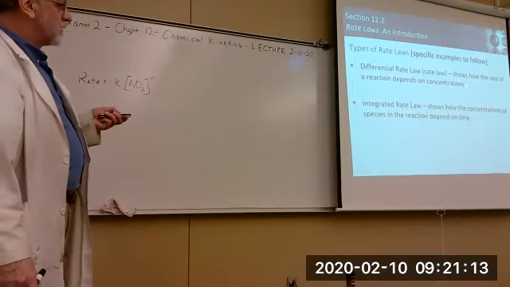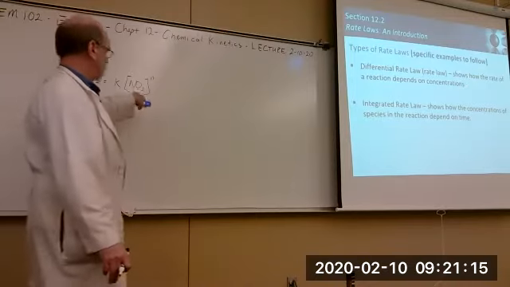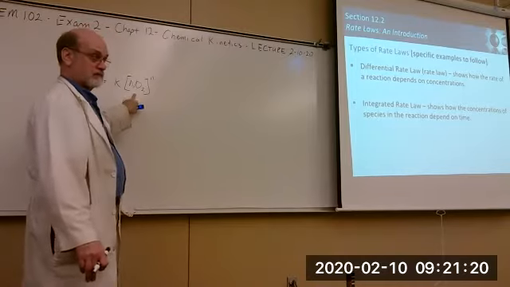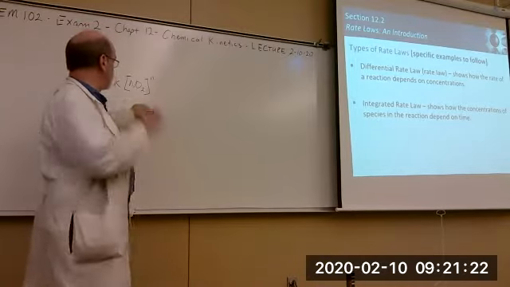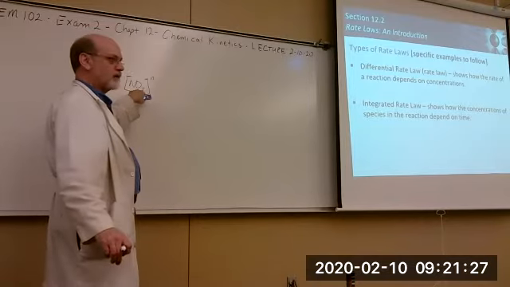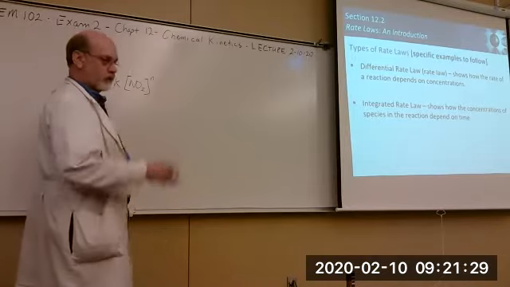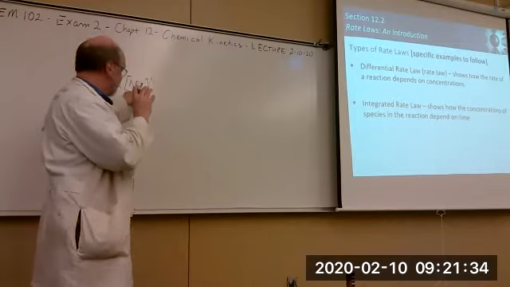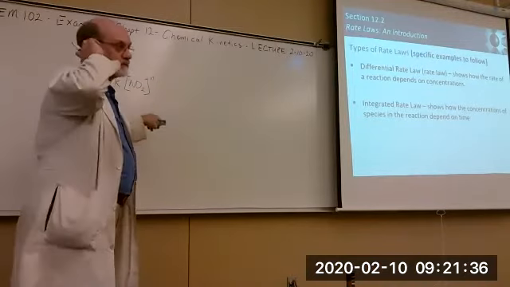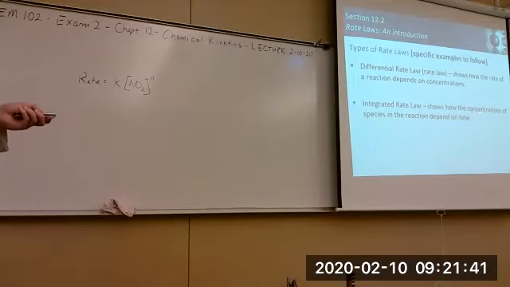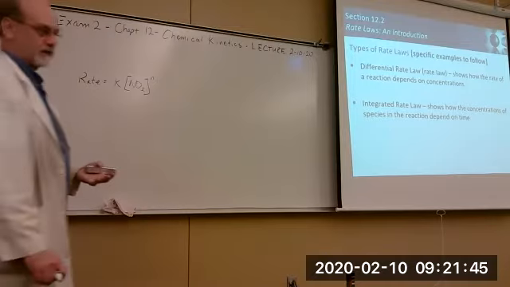So this one simply shows how the rate of the reaction depends on the concentration. So if you plug the concentration in here, then you'll get an expression for what's the rate of the reaction at that concentration. With the integrated rate law, it shows how the concentrations vary depending on time.